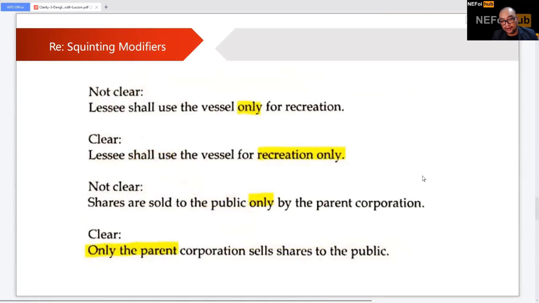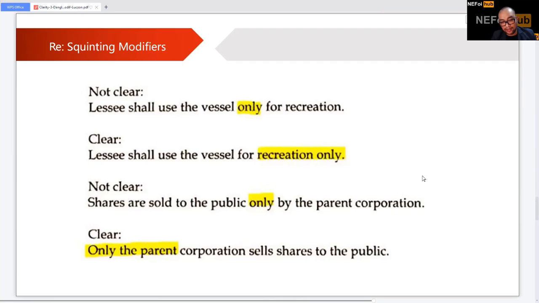So, examples. "Lessee shall use the vessel only for recreation." It's not clear here because is it vessel only or is it only for recreation?